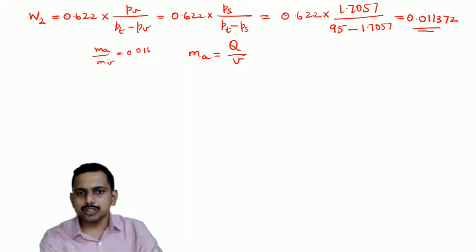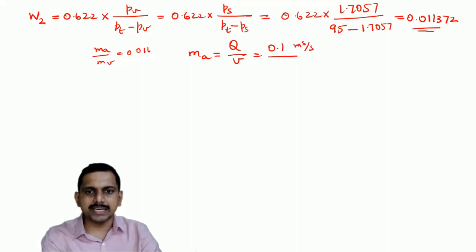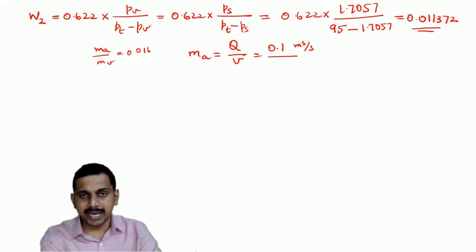Okay. So for moist air, Q is given as 0.1 meter cube per second, and the specific volume of the air has to be taken.